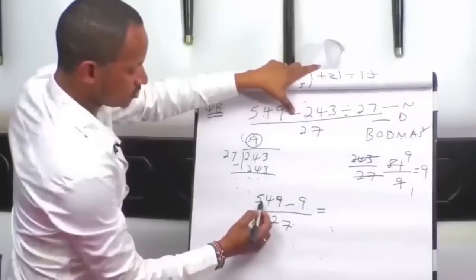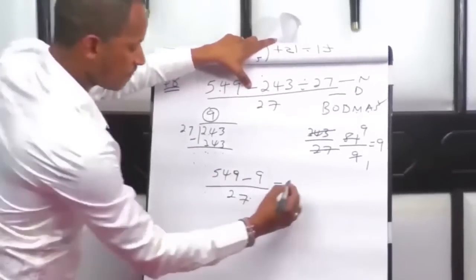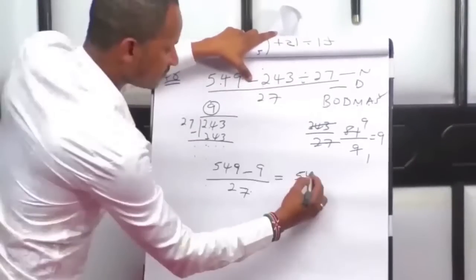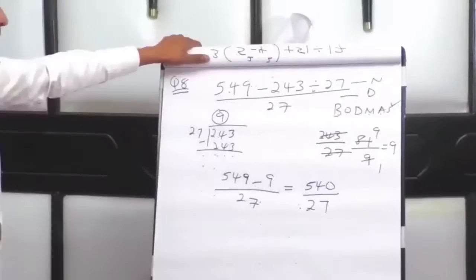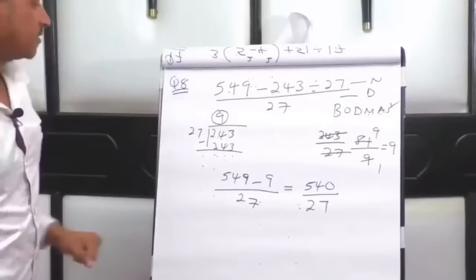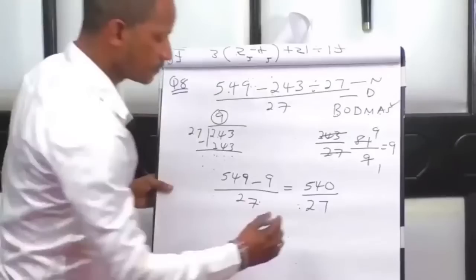So it is 549 minus 9, you get 540. Divide by 27. Okay?